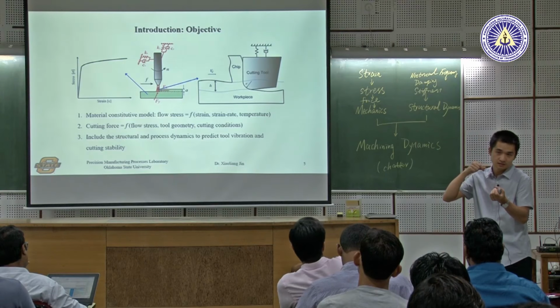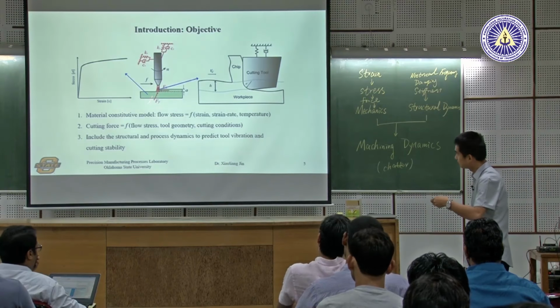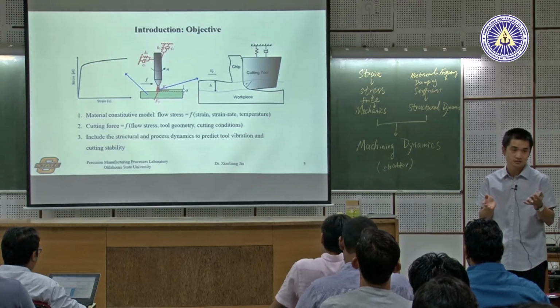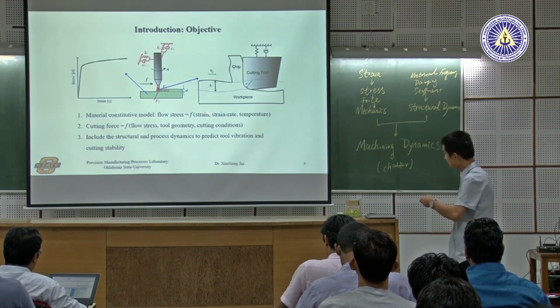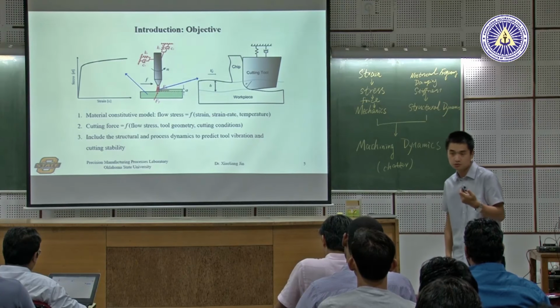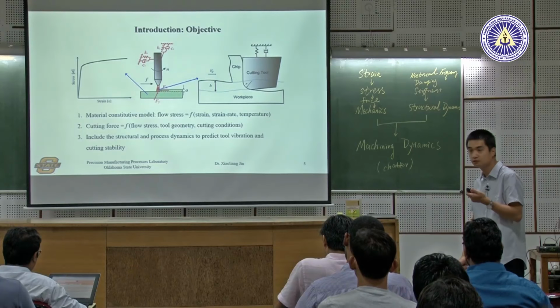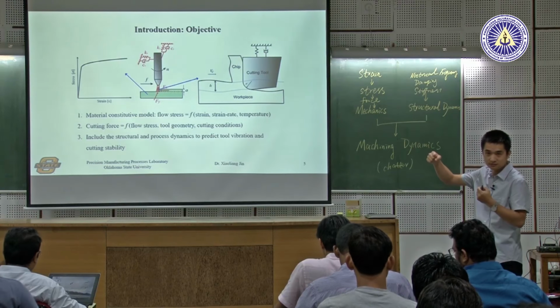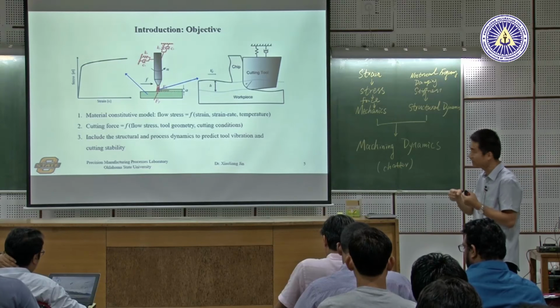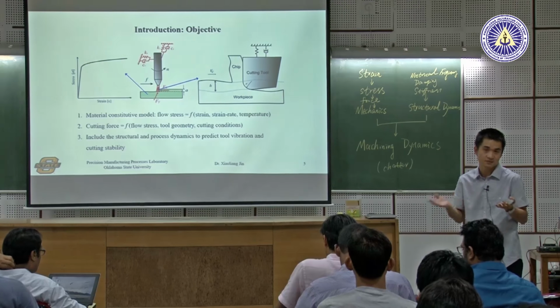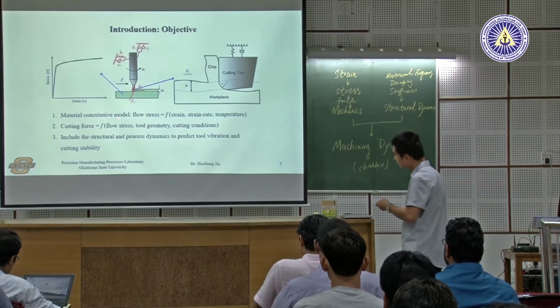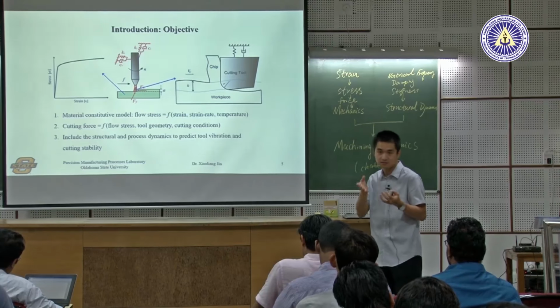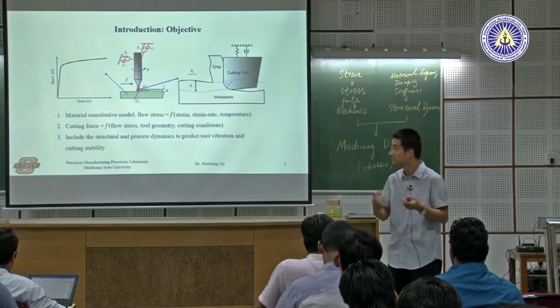Because of the high cutting speed, the deformation happens at a very fast rate. The strain rate in machining can go up to 10 to the 4th or 10 to the 5th, but in a normal tensile test the strain rate is about 0.1, very slow. Therefore, we cannot get that stress from a normal test.